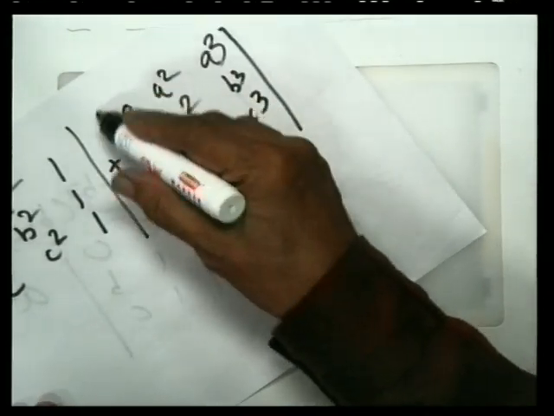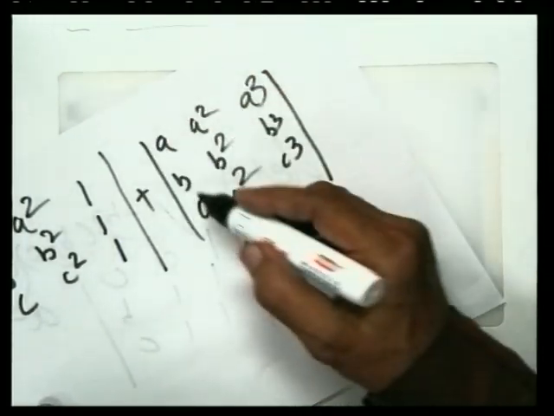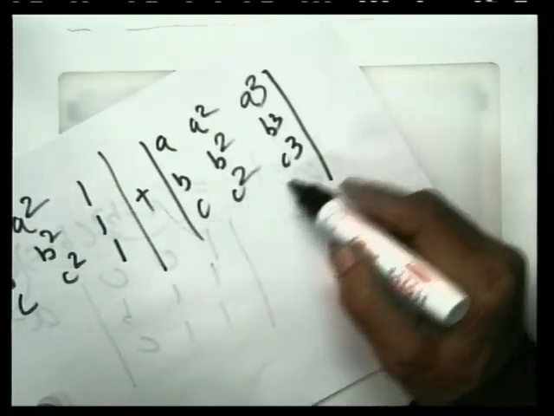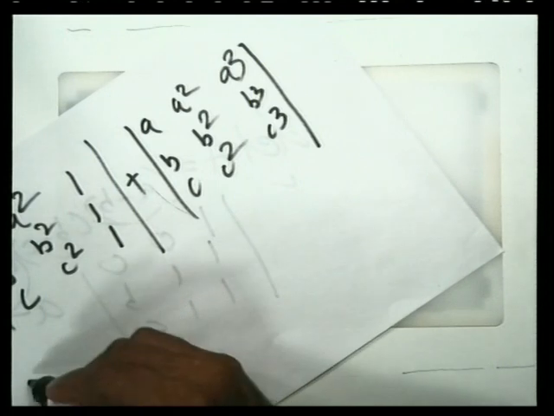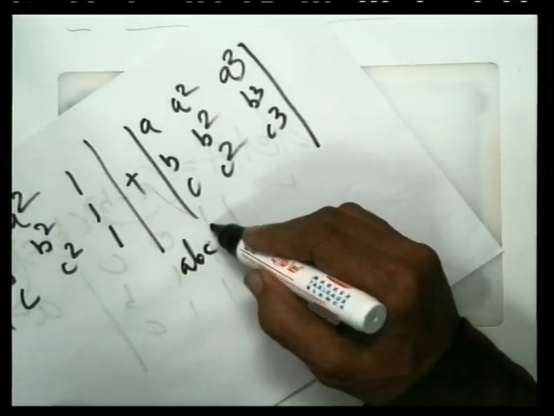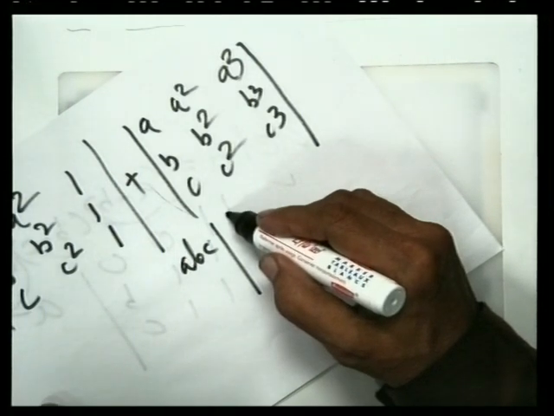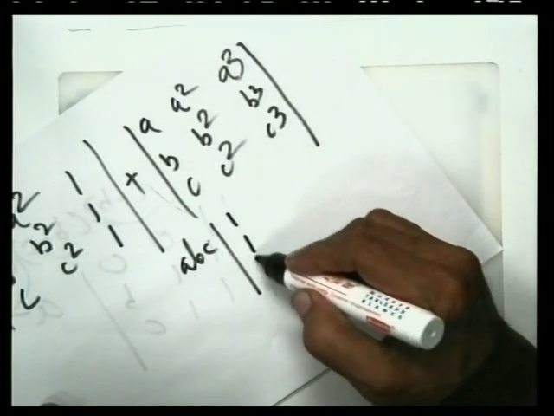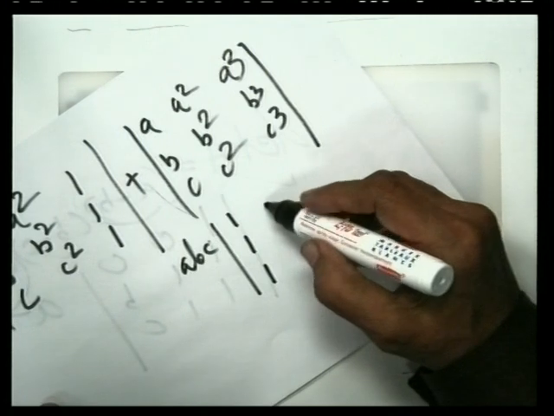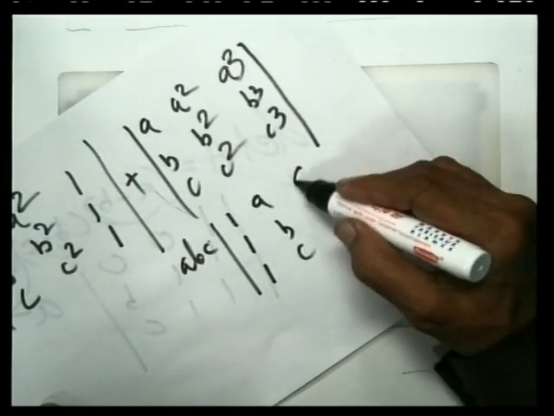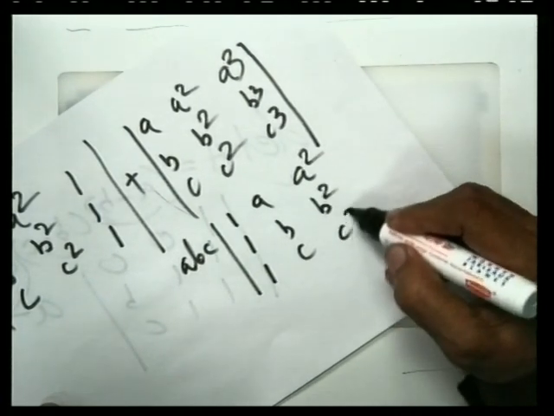Now from the second we can take out from the first row a, from the second b and third c. So you get abc, and what remains is 1, 1, 1, a, b, c, a square, b square, c square.